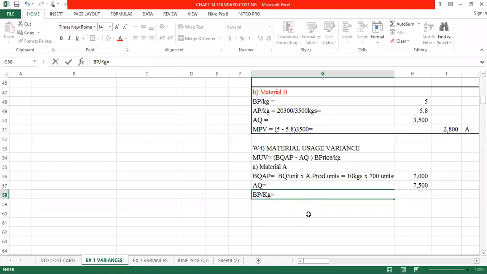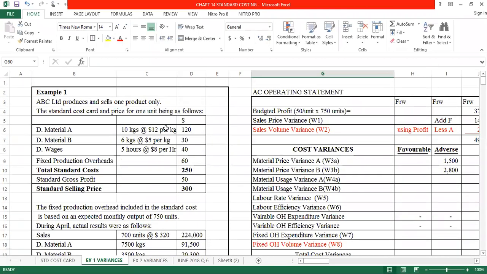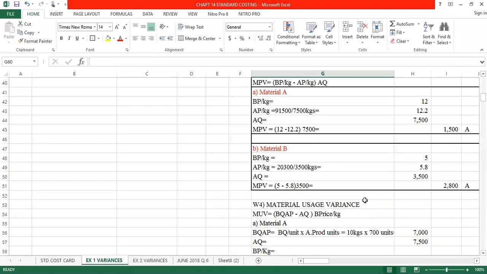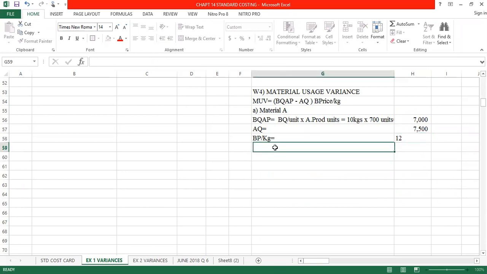This one we were also given: 12. So we can therefore get the material usage variance, which is equal to 7,000 minus 7,500, times 12.